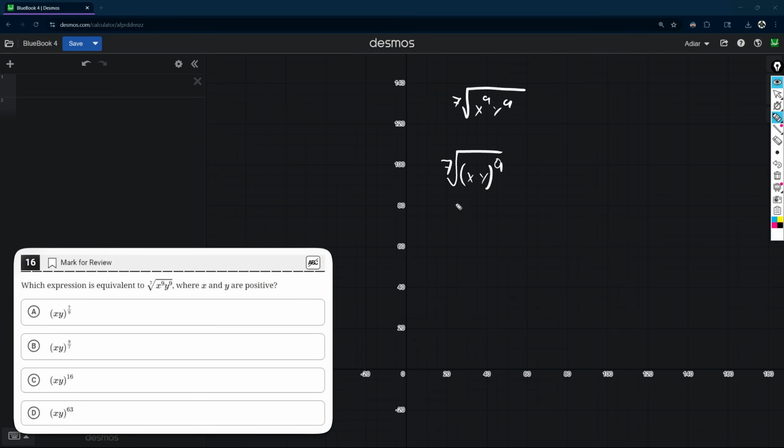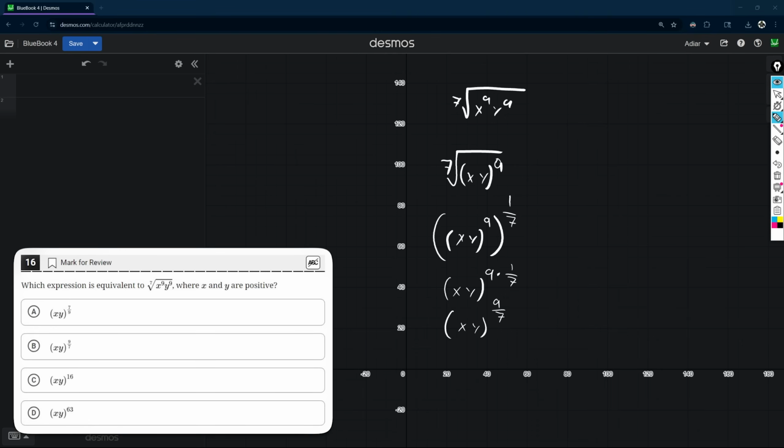The 7th root just means that you're taking all of this, x times y to the power of 9, and raising it to the 1 over 7th power. Then because of more exponential rules, x times y to the power of 9, to the power of 1 over 7, is just to the power of 9 times 1 over 7. And then we get x times y to the power of 9 over 7.